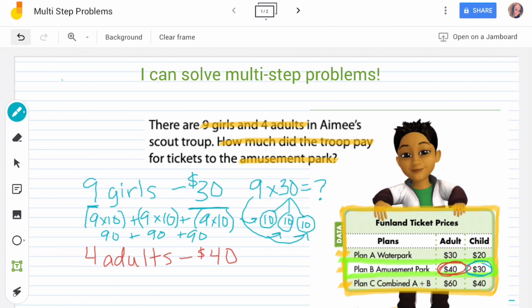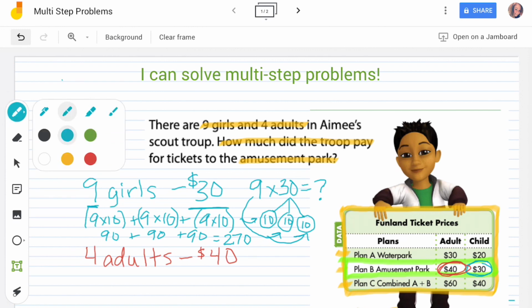If I add that up, I get 270. So 9 groups of 30 gets me 270. I'm going to notate that up here. The girls cost $270 for their tickets.